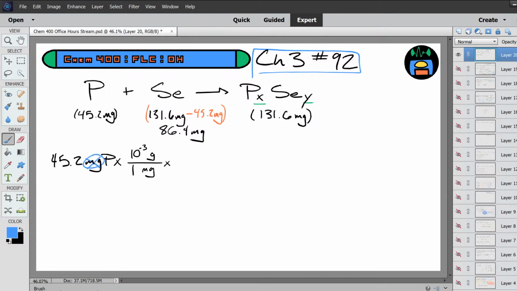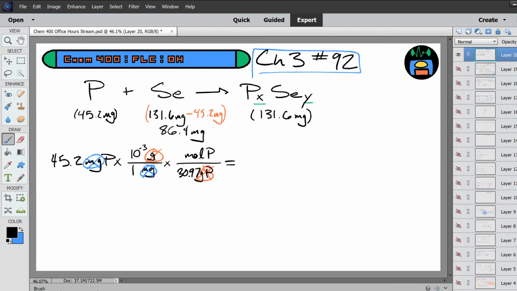So milligrams cancel milligrams. And now we can convert from grams of phosphorus to moles of phosphorus using the atomic mass, which is 30.97. All right, grams cancel, and we're left with moles of phosphorus.